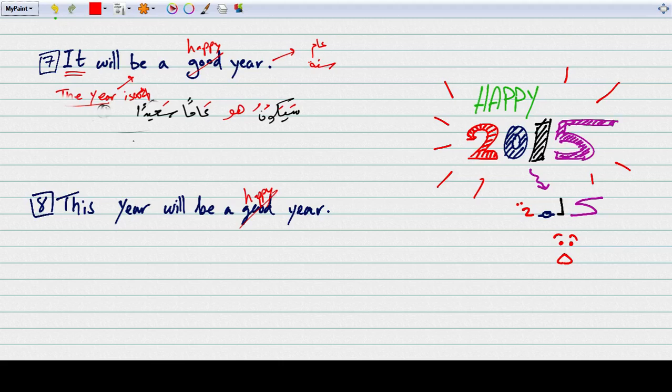But in Arabic, verbs and pronouns usually become redundant, because once you set the verb it is conjugated based on what you're describing, and basically the pronoun becomes useless and you can just drop it. So the good translation for it will be a good year or it will be a happy year is سيكون عاما سعيدا. سيكون عاما سعيدا.